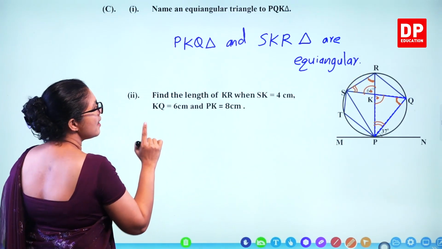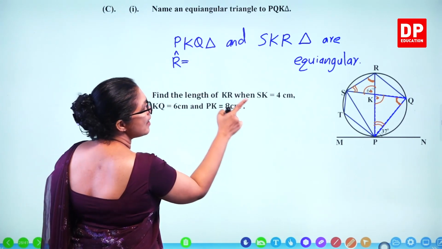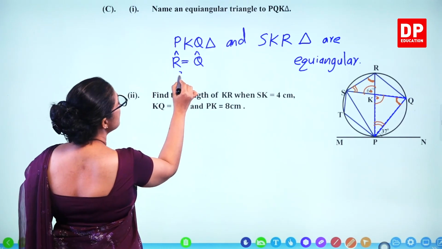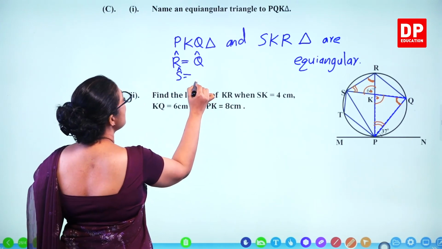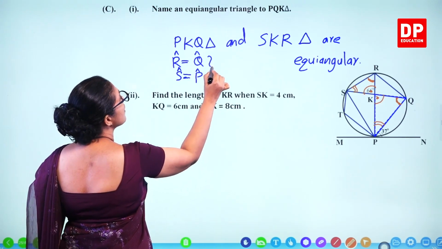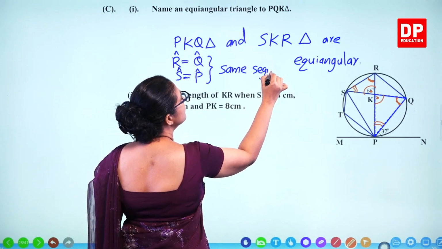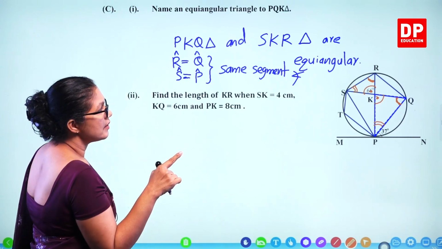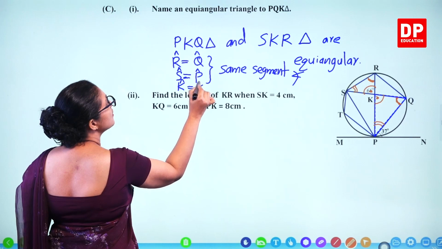You can say R angle is the same as Q angle and S angle is the same as P angle there. Same segment angles. And the other one, the K angle, opposite angles are equal.